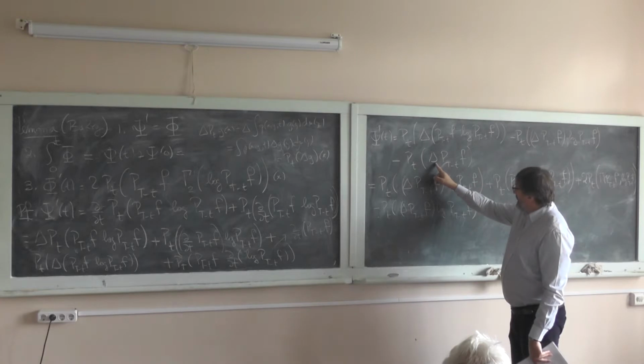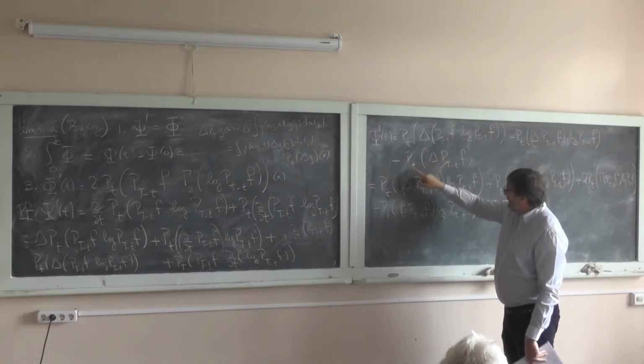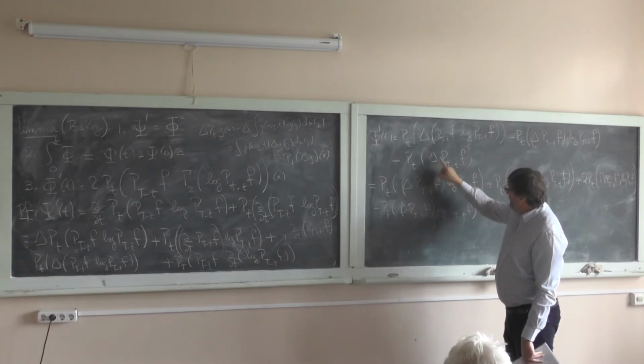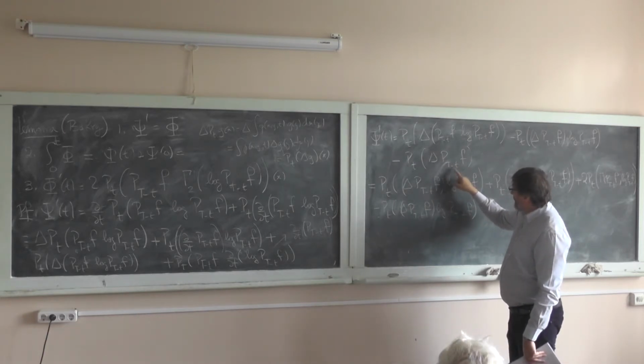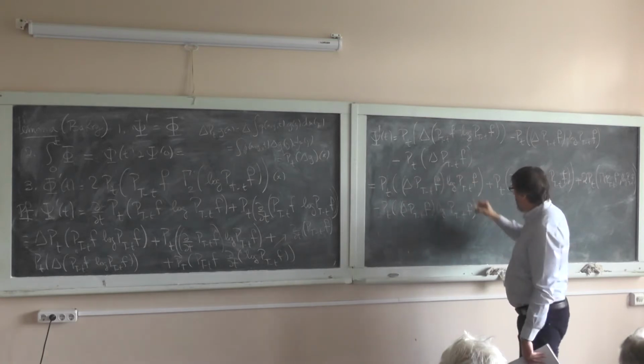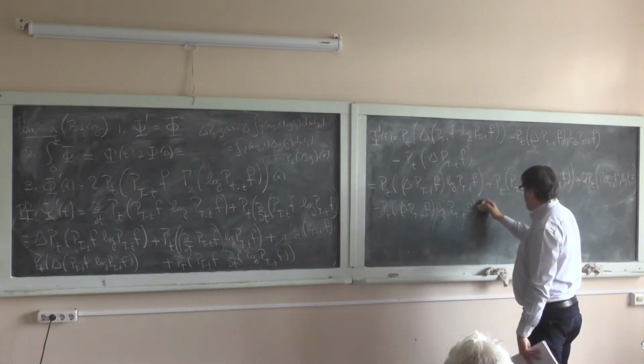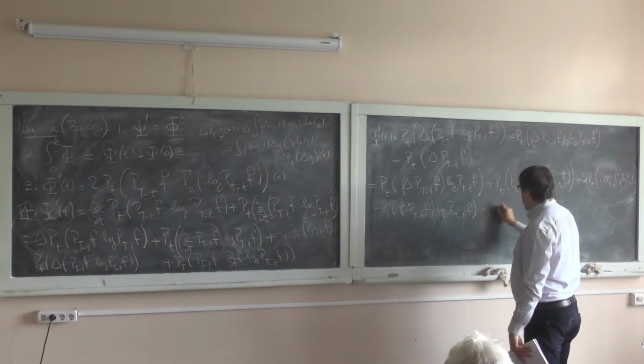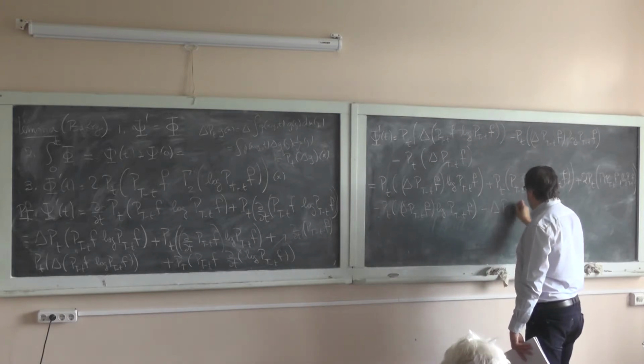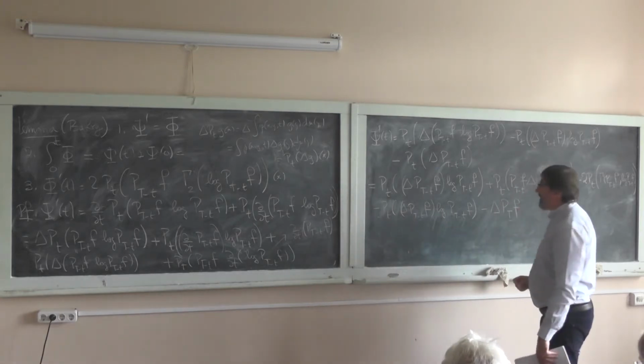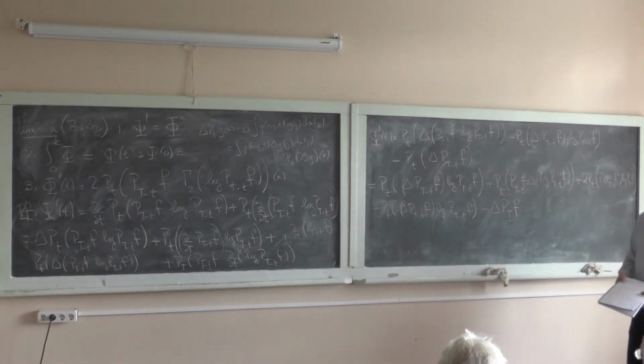For the third term, pt and Laplacian commute, so I can take this out, and then the semigroup property pt or p capital T minus little t becomes p capital T, so I get minus Laplacian of p capital T f. Is that clear?